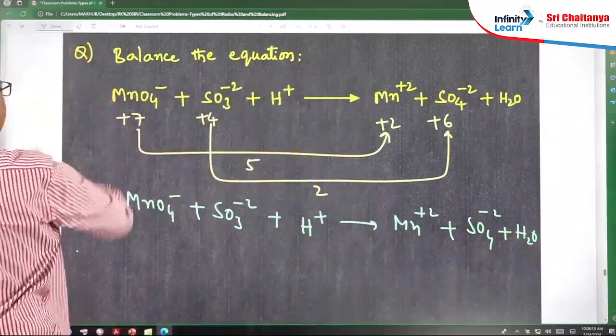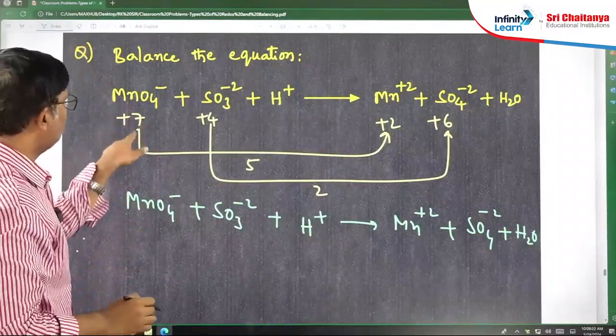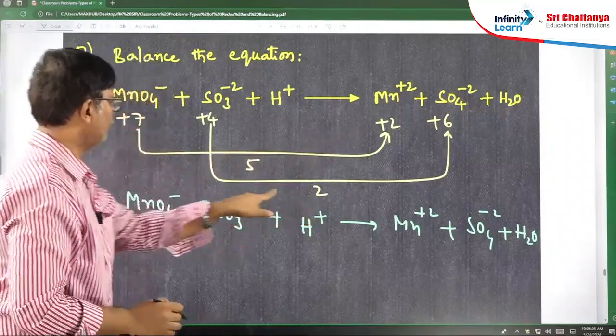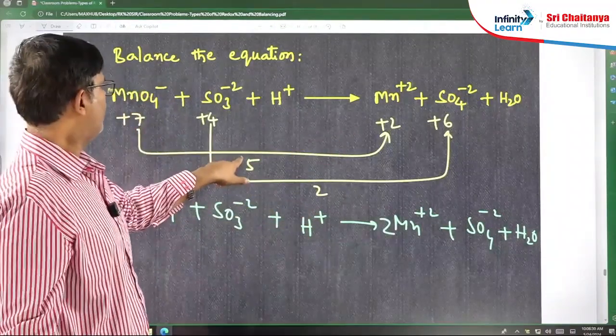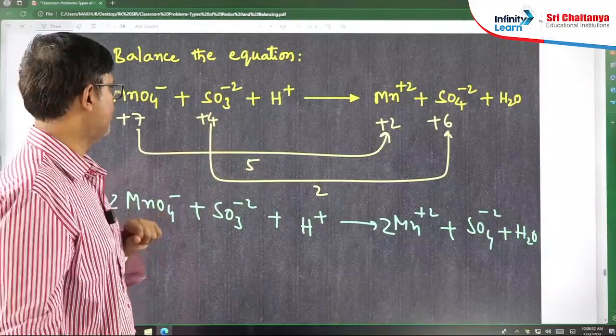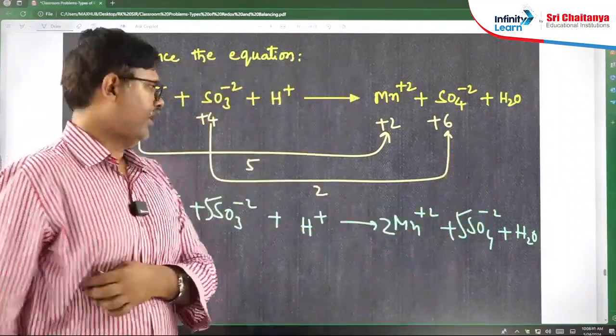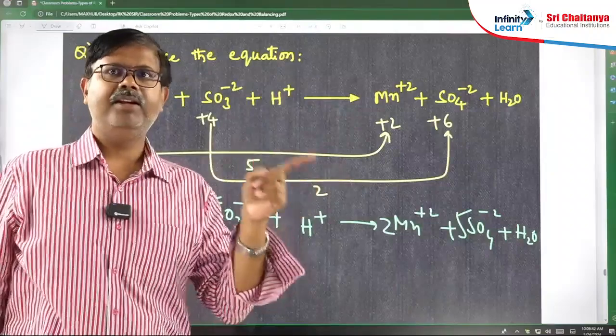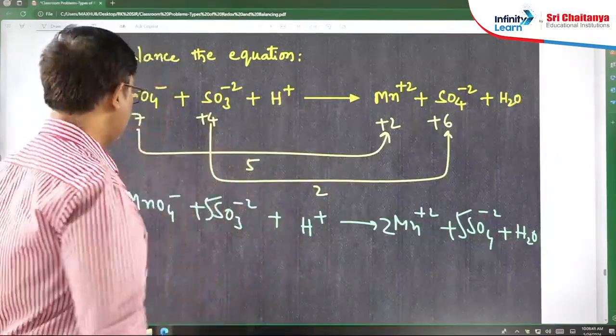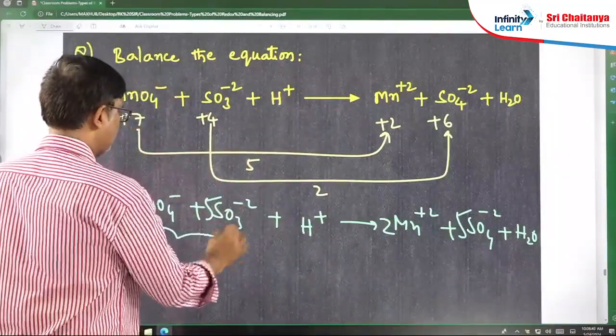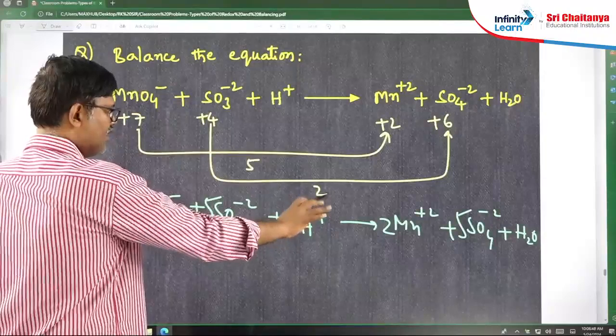So let's put the numbers. Manganese items you have to multiply with 2. 5 you have to multiply with the sulfur items. 5, 5. Okay. Now the next step is, since it is an ionic equation, charge balance. Now what is the total charge on the left side? Don't take H plus into consideration.